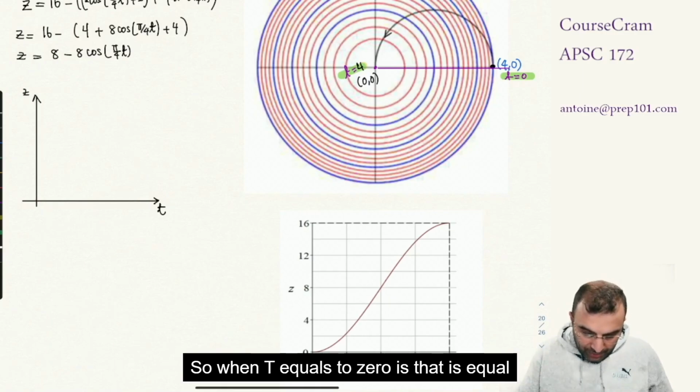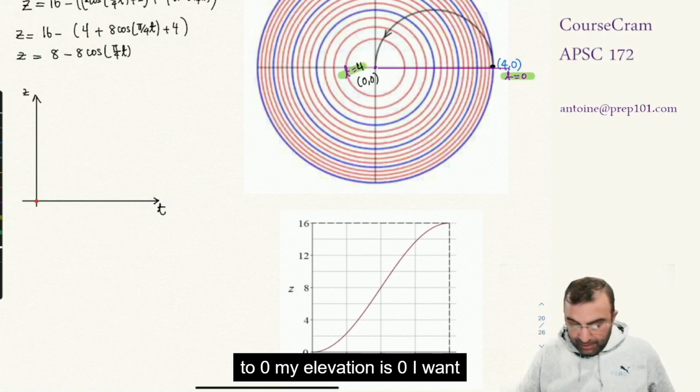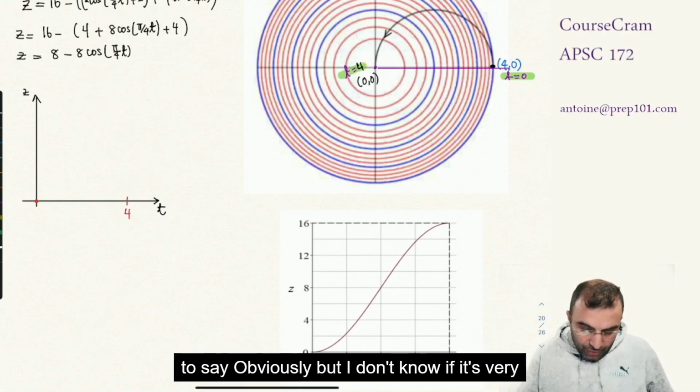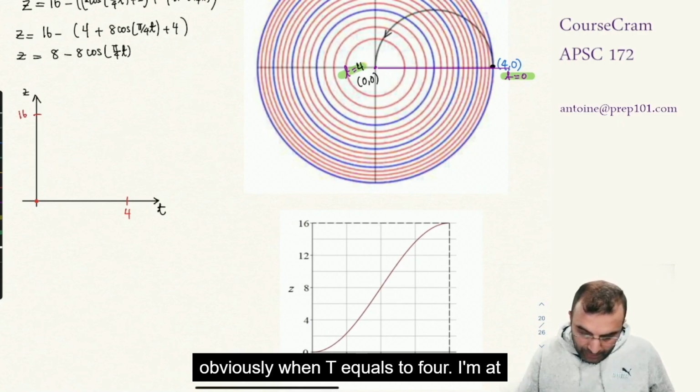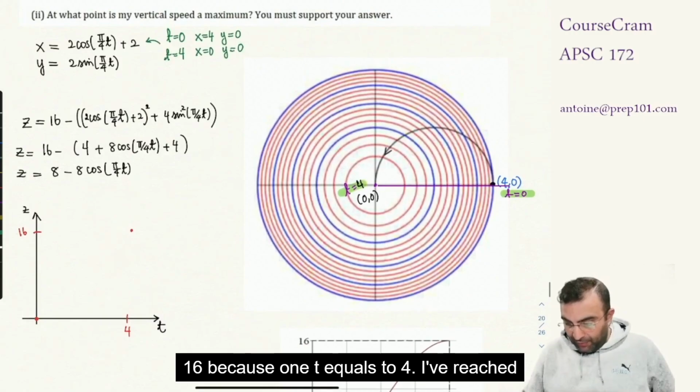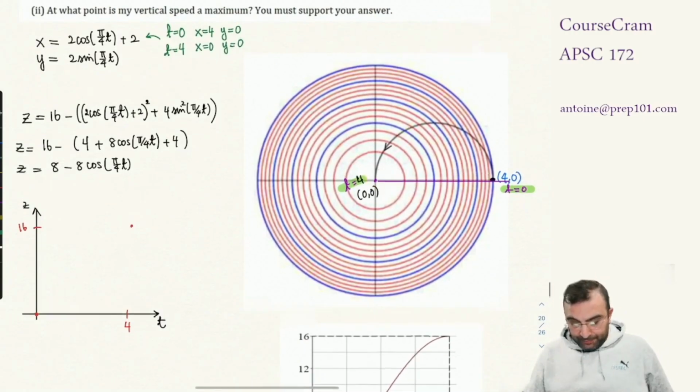So when t equals 0, z is equal to 0, my elevation is 0. I want to say obviously, but I don't know if it's very obvious. When t equals 4, I'm at 16, because when t equals 4, I've reached the top of my hill.